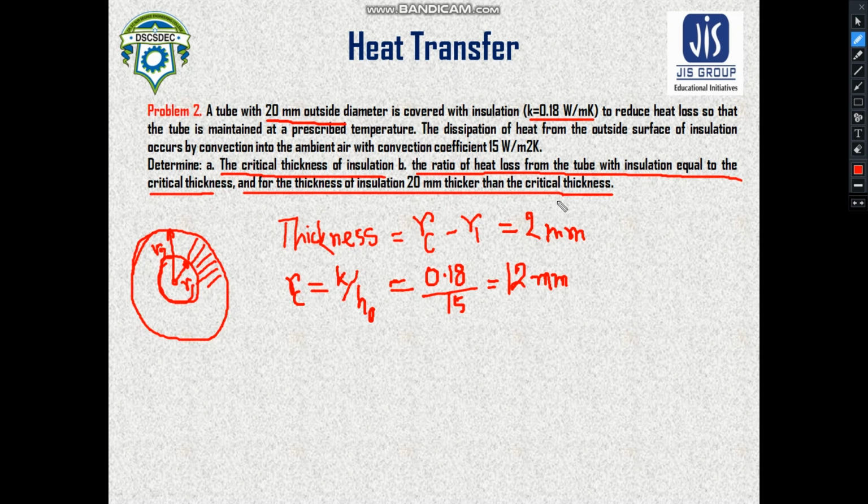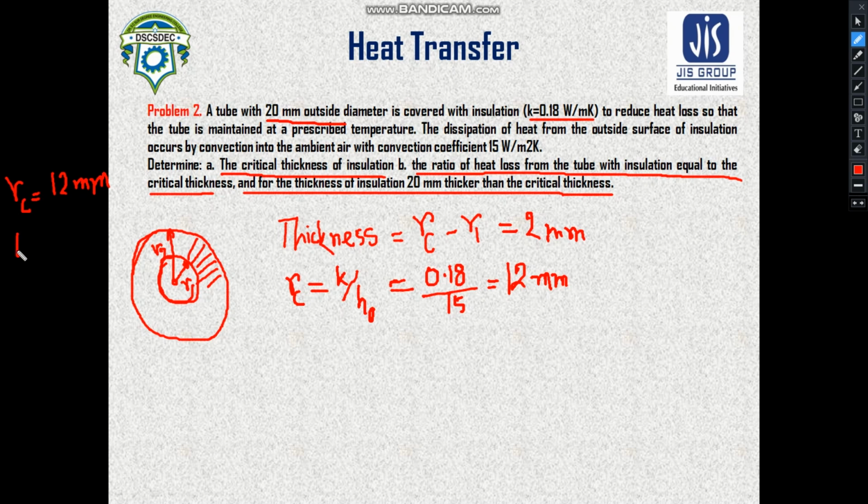When you have provided the critical radius of insulation, you need to calculate the heat transfer rate. And in the second case, the radius of insulation is 20 millimeter thicker than the first one. Okay, so let us see how it can be done. But please remember, just write it here so that we can remember this critical radius of insulation.